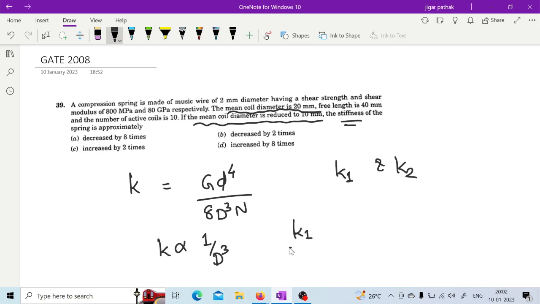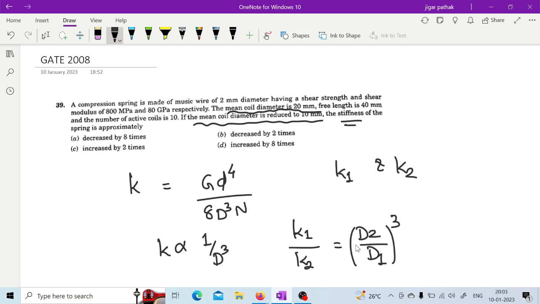K1 by K2 can be given by D2 by D1 cube. Yes or no? So you have both the diameters, D2 and D1.